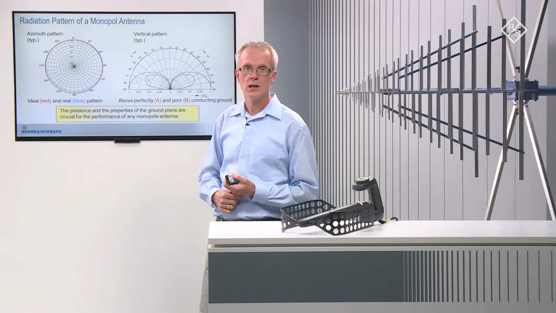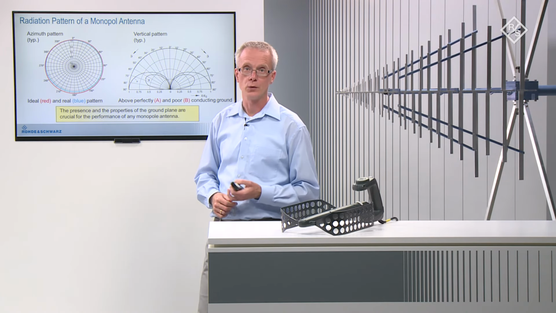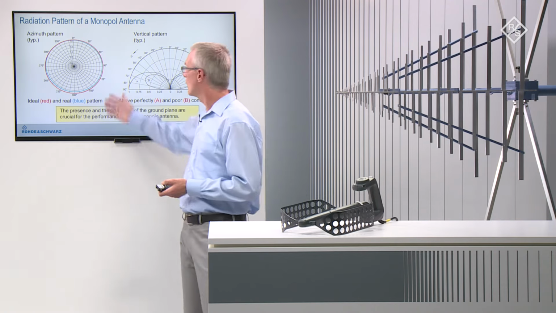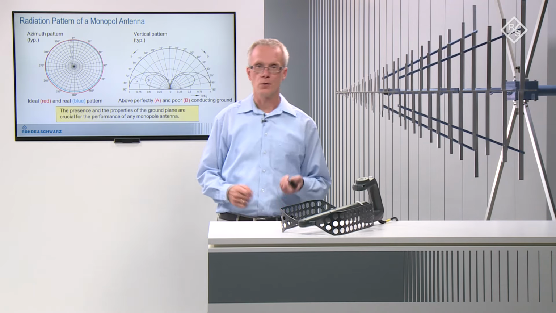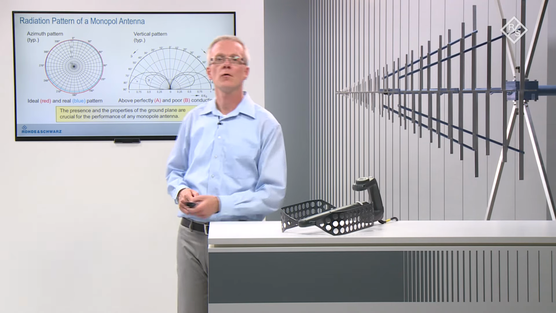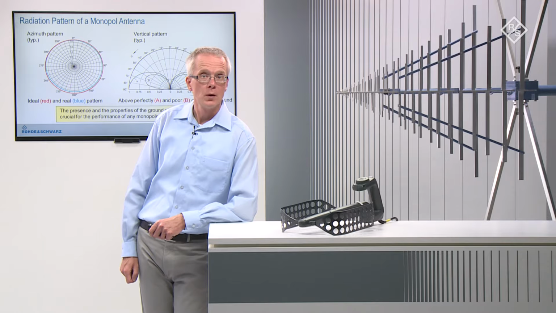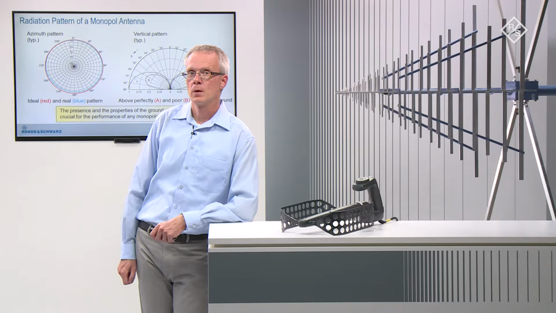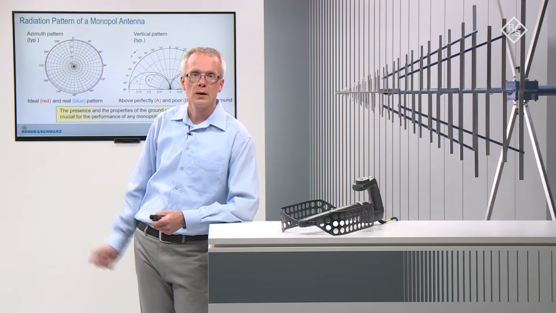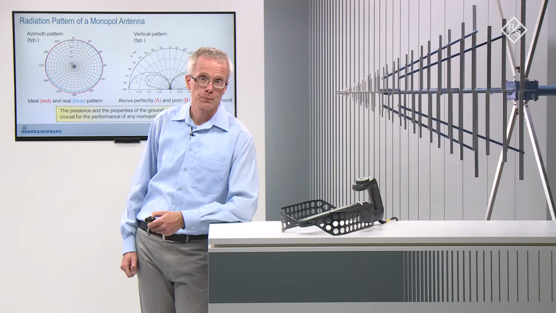The horizontal radiation pattern of the monopole is however uniform, as shown in the diagram on the left. So the presence and the properties of the ground plane have a major effect on the performance of any monopole antenna. Without a ground plane, monopole antennas simply do not work.